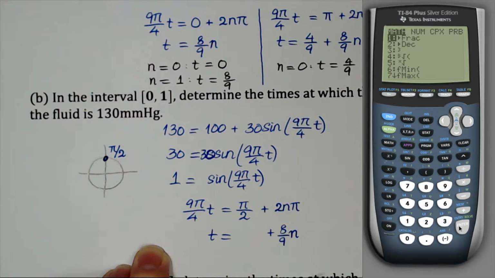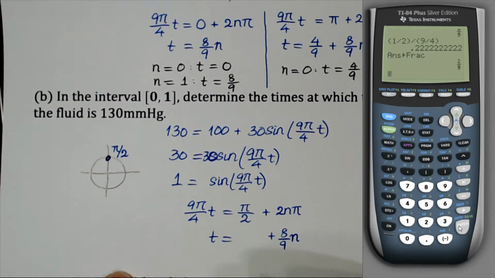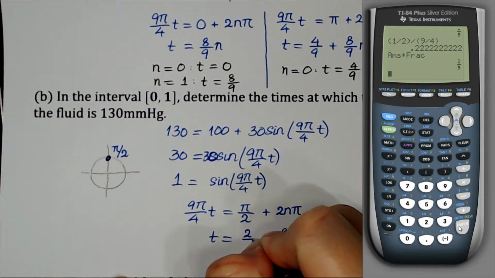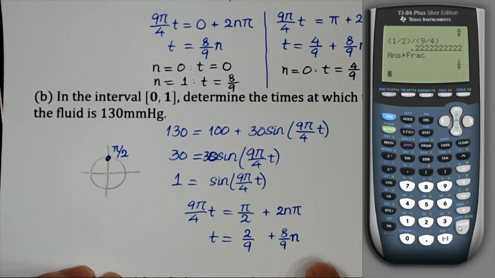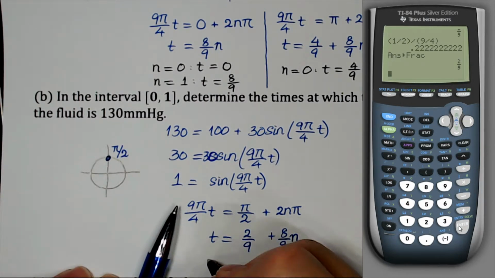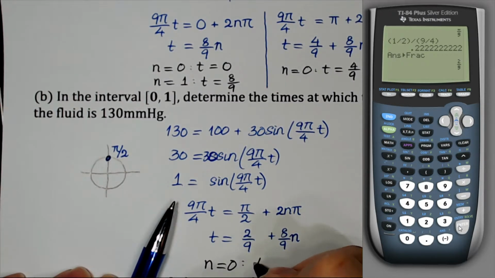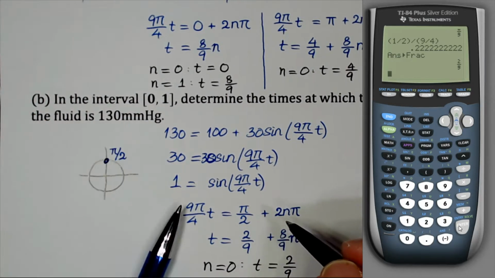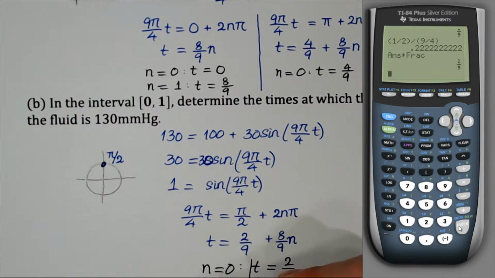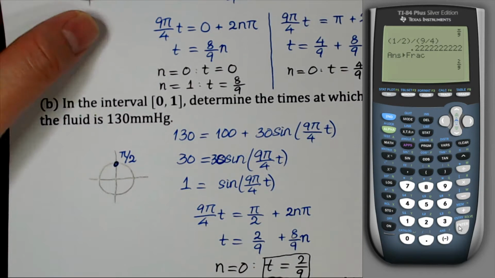With the pi canceling on both sides, we have 8 over 9. N will still be there. And on this side we divide, we will have t equal to, pi cancels, 4 over 9. And 2n pi divided by that, we will still have 8 over 9 times n.